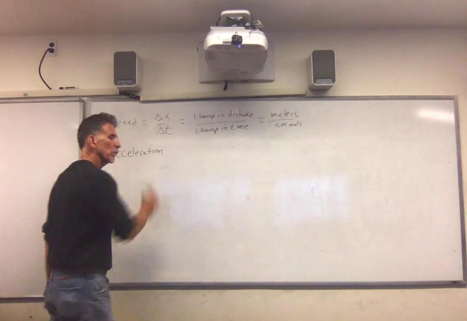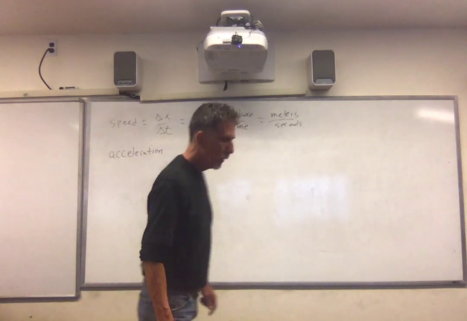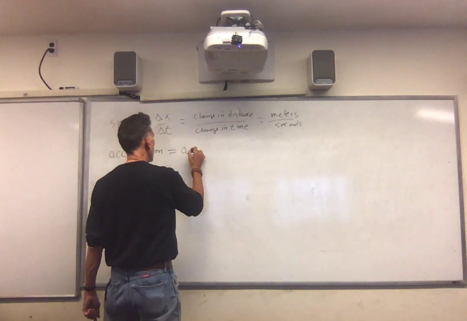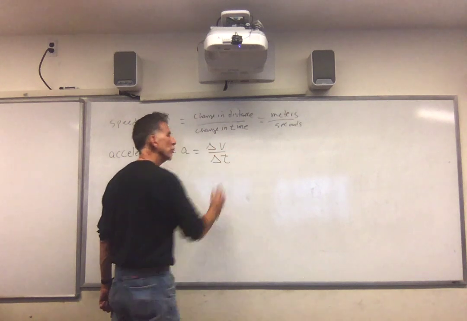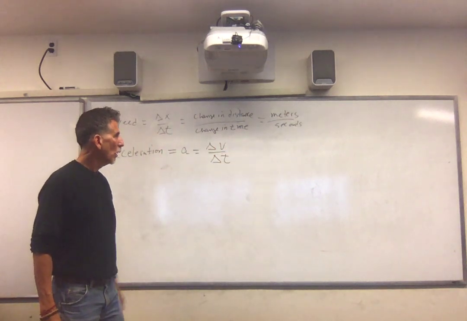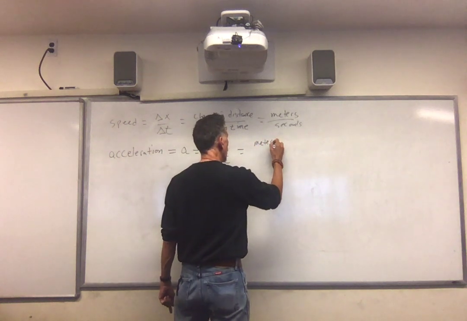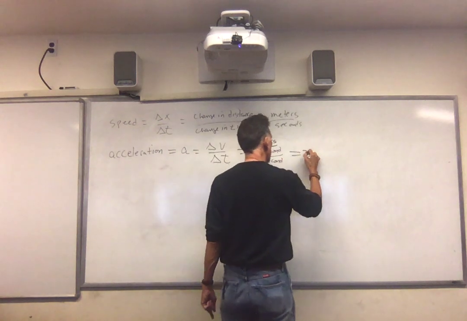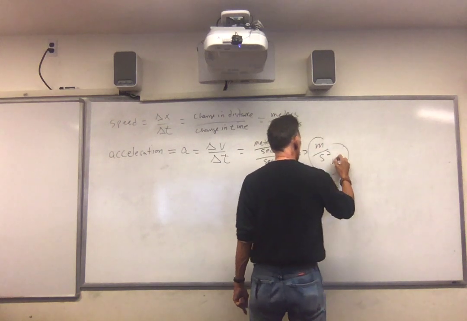Once again, later we'll learn the difference between speed and velocity. For now, we'll use them interchangeably. Acceleration, A, we said was a change in speed over a change in time. The units then were meters per second divided by second. And so the units were meters per second squared. All right.